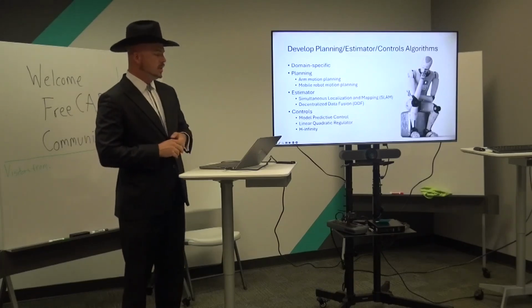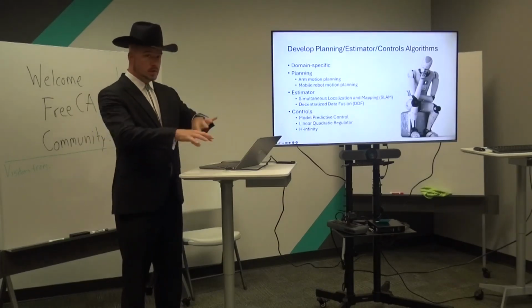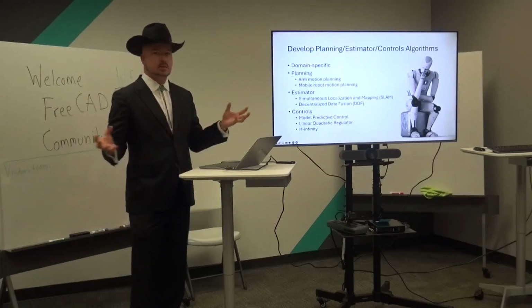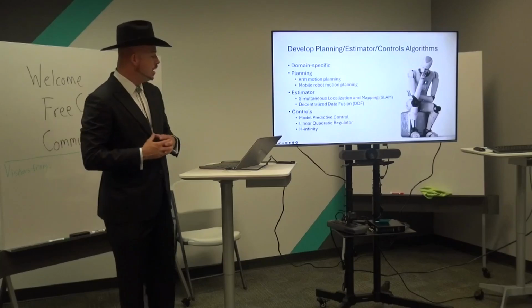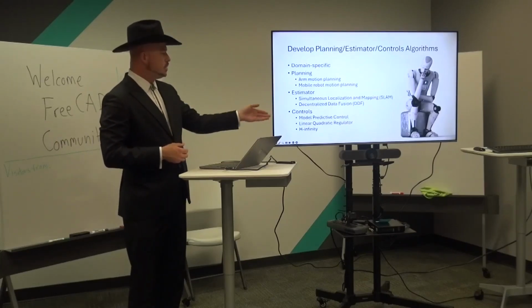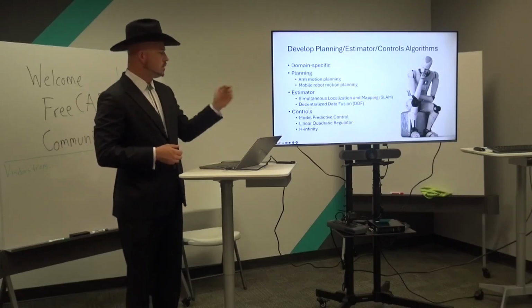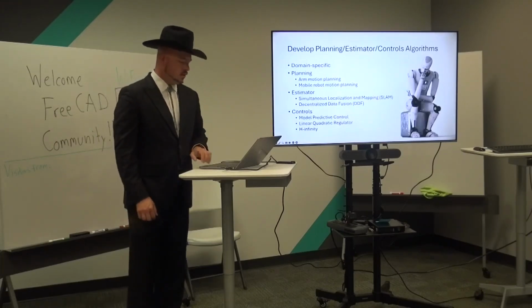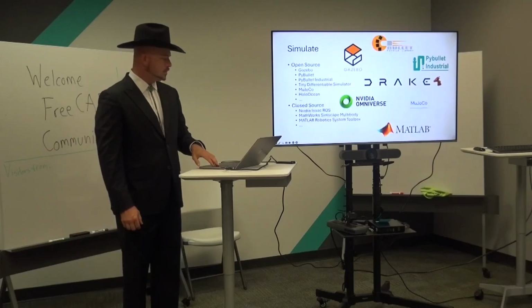For the estimator, you might employ some sort of SLAM algorithm, or if you have multiple robots trying to share information, you might employ a decentralized data fusion system. For controls, you might end up applying a model predictive controller or linear quadratic regulator, H infinity, and on and on, to do whatever it is you need to do.